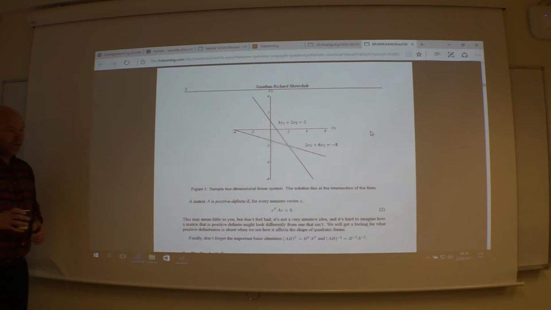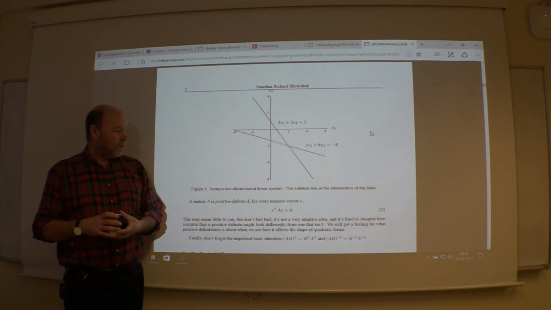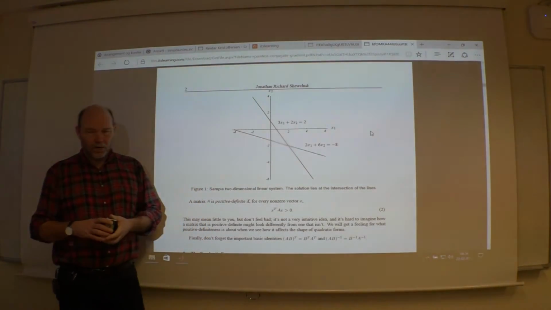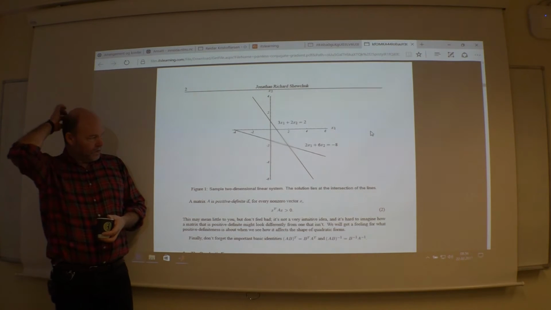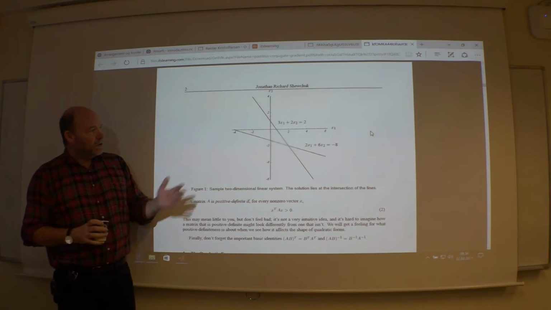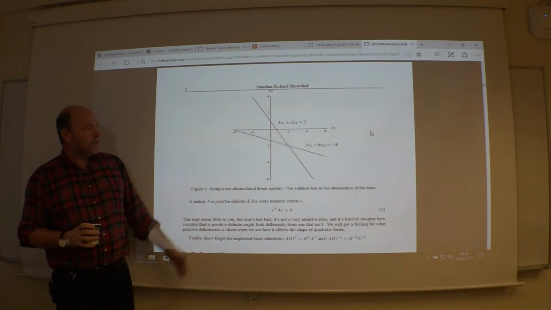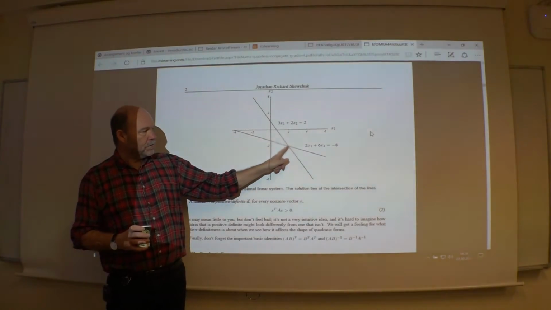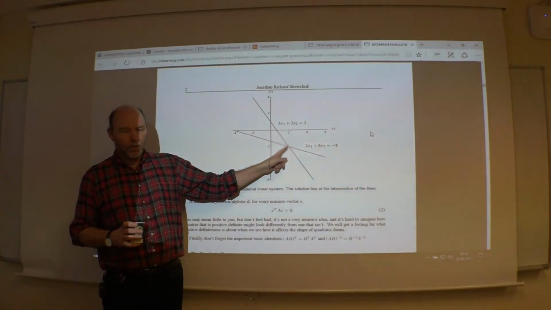So this is actually our problem now. You have 2 equations, 2 unknowns, so of course nothing to use heavy methods on. You can calculate the answer directly. You can draw it graphically. You have the intersection between these 2 lines, so we have the solution at this point. That's the point we are seeking.